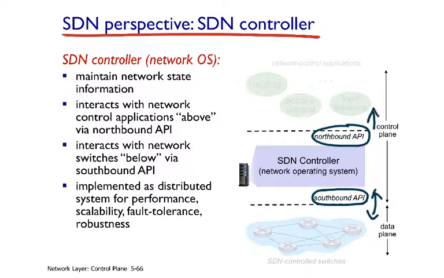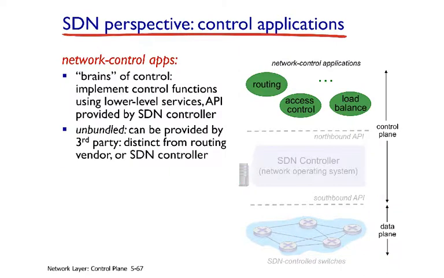On top of the controller, we have the specific applications like routing, access control list, or load balancing that I have previously mentioned, and they are the brain of the network. So the network operator can add different applications or modify them according to their necessity.